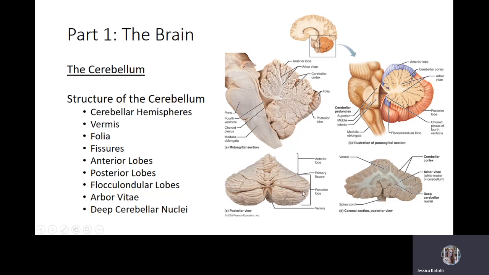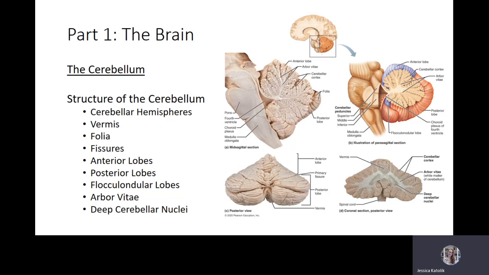There are deep fissures that divide the folia of the cerebellum, and the cerebellum is divided into lobes. There's an anterior lobe, a posterior lobe, and a very, very tiny, I always get tongue-tied with this word, folliculonodular lobe.